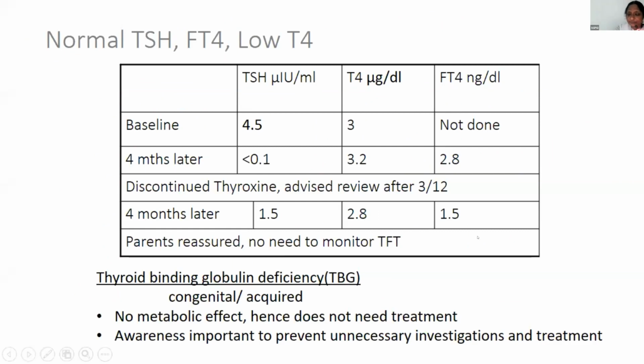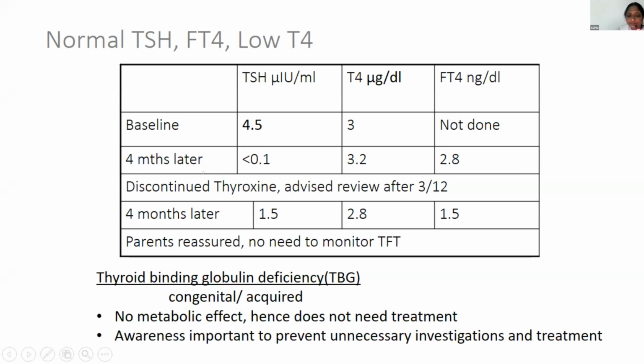Another scenario, which I think we discussed in the previous talk also: normal TSH and low T3 level. Treatment was started, and we found that the TSH is markedly suppressed, and the T4 is remaining the same. At that point in time, a free T4 showed a high value.